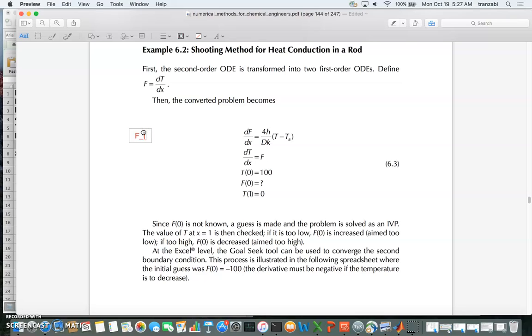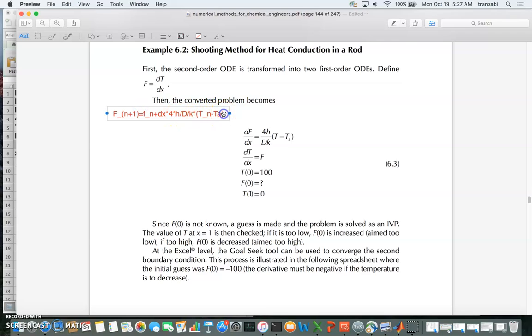Then f at n plus 1 is going to be f at n, and then plus dx, and this actually is supposed to be plus, okay, dx times 4 times h divided by d divided by k times t at n minus ta. So here is the forward Euler version of the first equation.